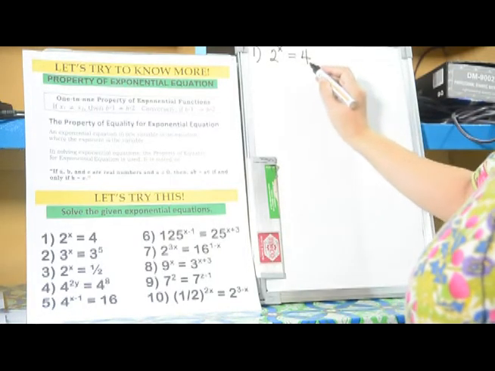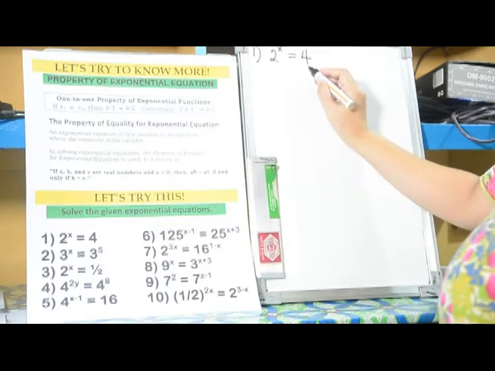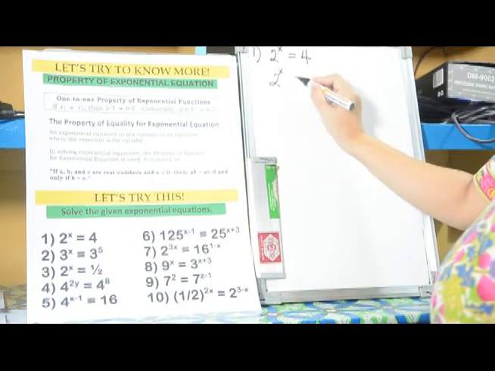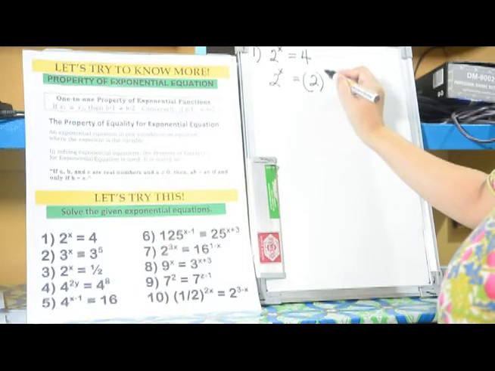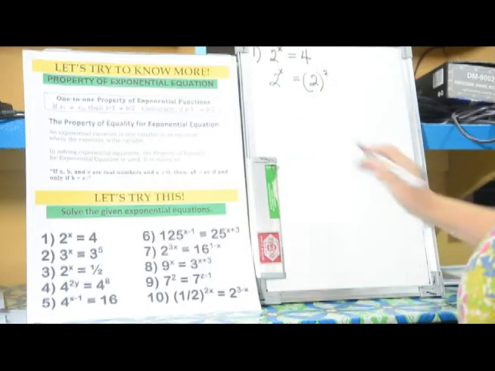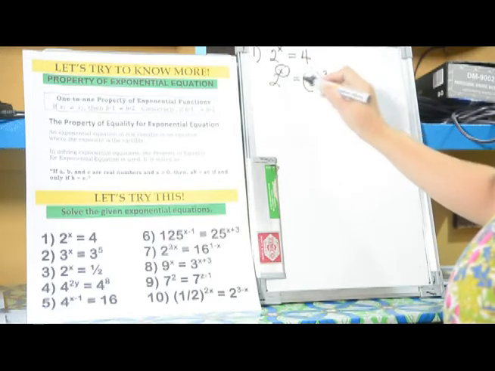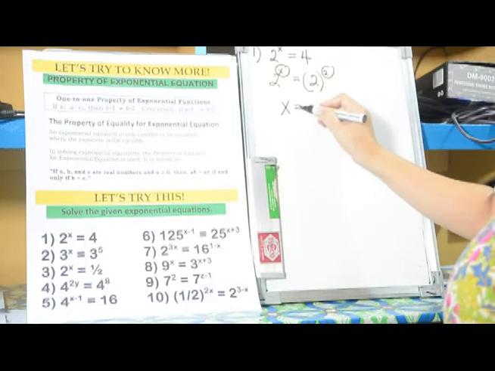For this one, remember that 2 is also a factor of 4. So we have 2 raised to the power of x. We can take the 2 as our common base, and this will be raised to the power of 2, because 2 raised to the power of 2 is equal to 4. So we have the same base now, so we can just equate the exponents x and 2.